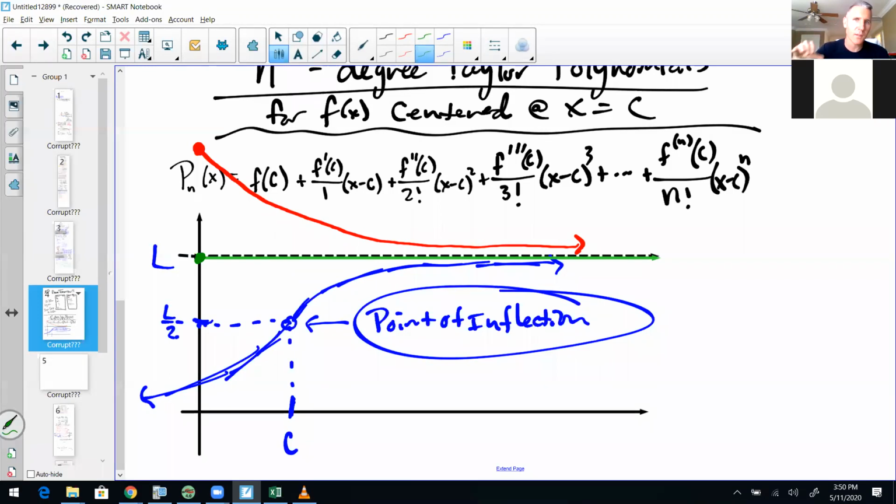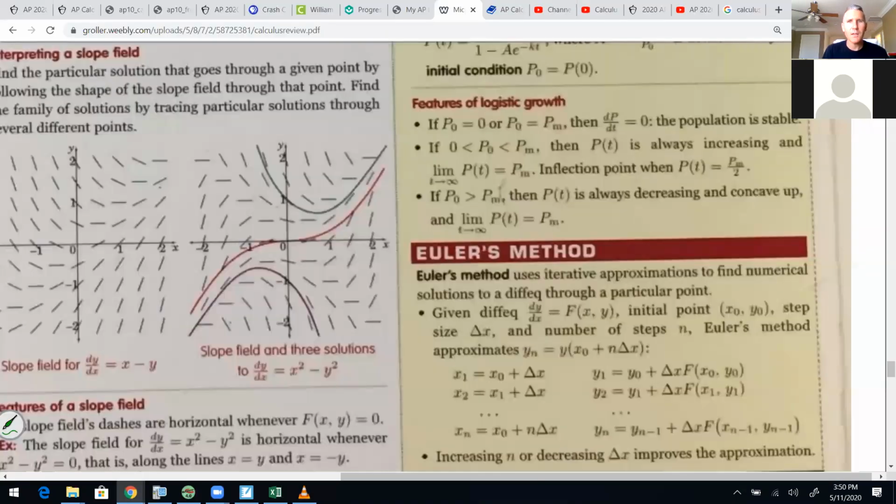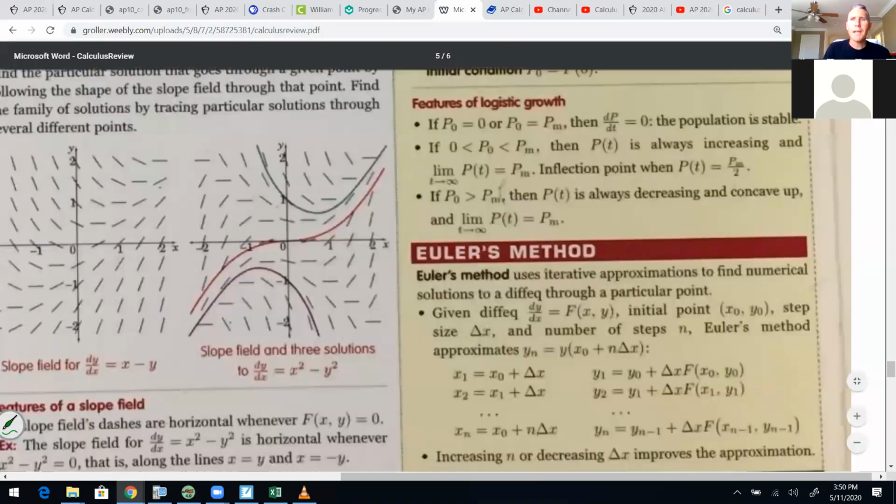Because it's greater than or equal to or less than or equal to. But anyway, it's just going to be a stable solution. Anyway, so that's the first thing, and the derivative is just going to be 0.